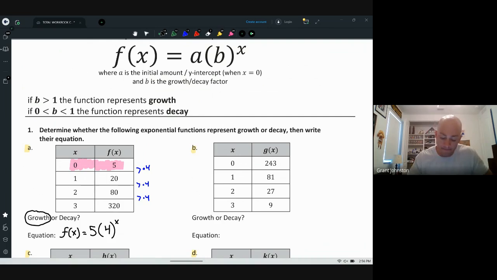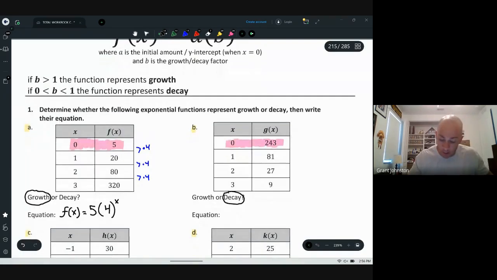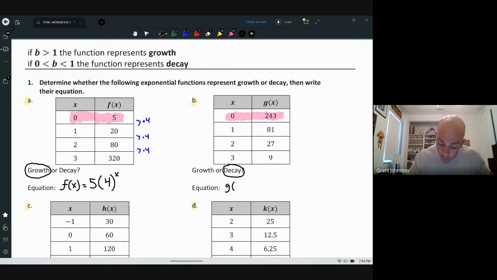Let me show you B. If we look at the values, it's going from 243 to 81 to 27 to 9. This is definitely decay. It's decreasing. Now let's write the function. The y-intercept, where it's at 0, is 243. So I'm going to write g of x equals 243. Now I need to figure out this growth factor.